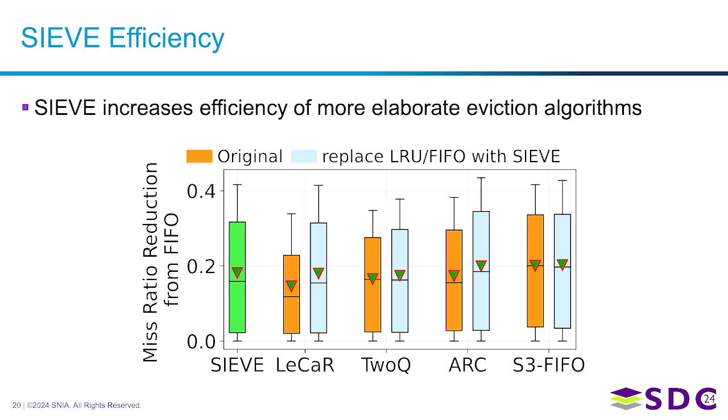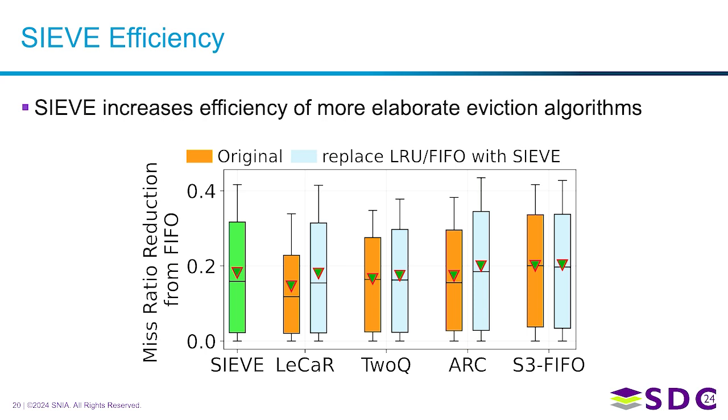You can see that in those cases where it's just the straight eviction algorithm used all by itself, this is the type of miss ratio that it provides. And if you replace the LRU or FIFO in one of these other cache algorithms, in just about every case it outperforms the algorithm that was in there. Only the last one does not outperform that algorithm.